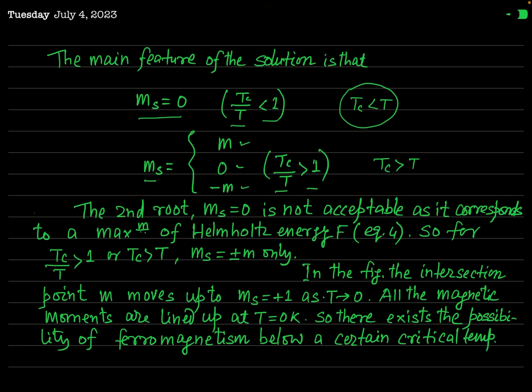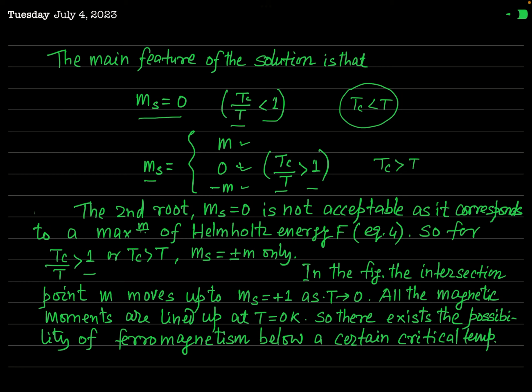But this second root, when Tc by T is greater than 1, ms equal to 0, is not acceptable. Why is it not acceptable?